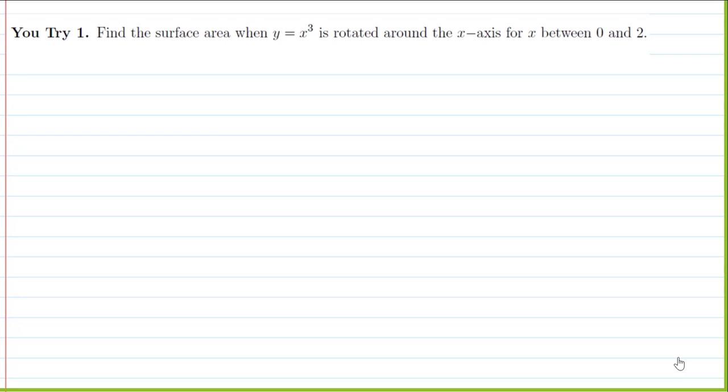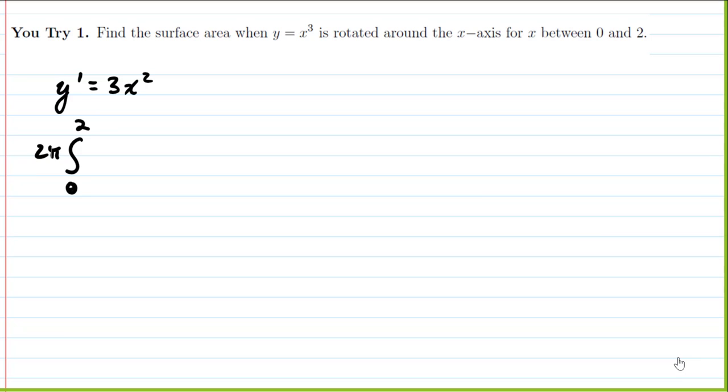All right, so to find the surface area of this, we're going to need to know y prime. So our value of y prime is going to be 3x squared. We're going to have our integral go from 0 to 2, and I'm just going to put the 2 pi out in front.